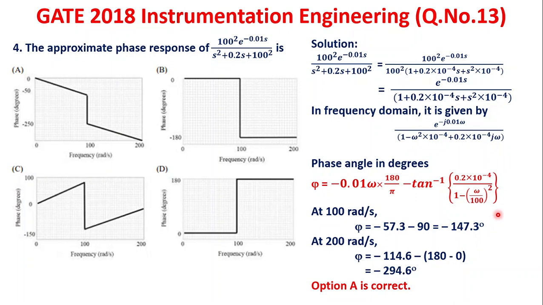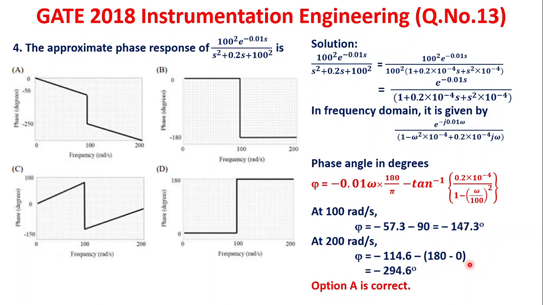Very simple. So omega equal to 200, if you put, we will get 1 minus 200 whole square into 10 power minus 4 plus 0.2. So here you put that omega as 200, you will get a minus sign, don't worry. So tan inverse of this by that, without the minus sign you calculate, we will get some 0.1, 0.2 something that we have to subtract from 180 degrees.